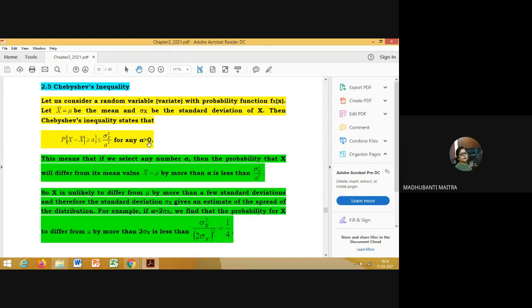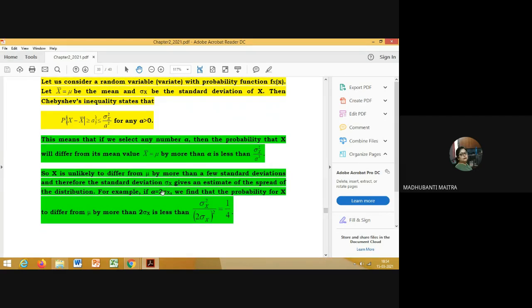So this is basically the Chebyshev inequality. This deviation should not be greater than or equal to a, and the probability of that is always less than this value. We'll have to prove that.